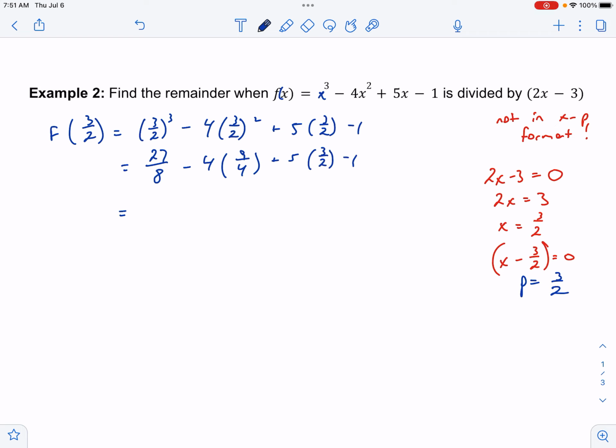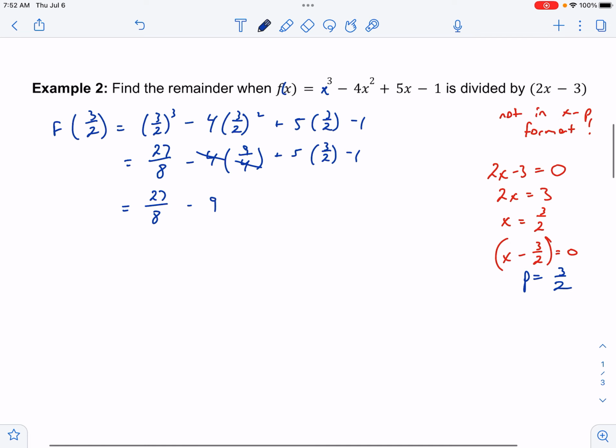Saving all my multiplications for my next step. 4 times 9 over 4 is 36 over 4, which is just 9, actually, so we can just cancel those 4s out. 5 times 3 over 2 is going to be 15 over 2, minus 1.